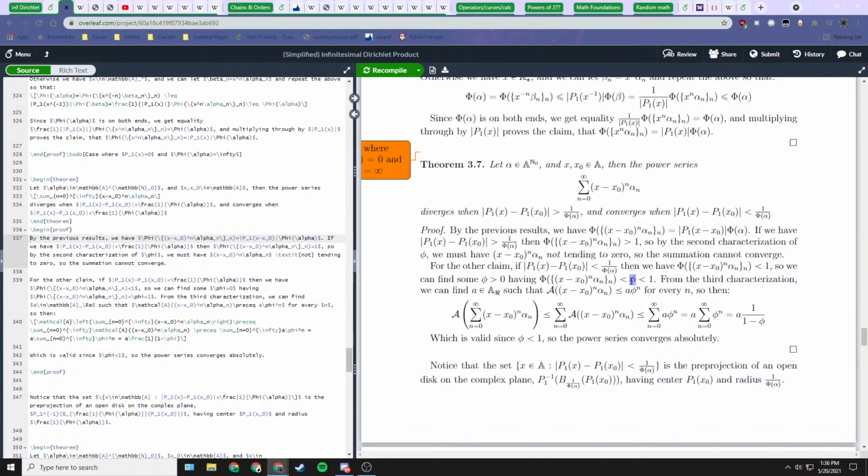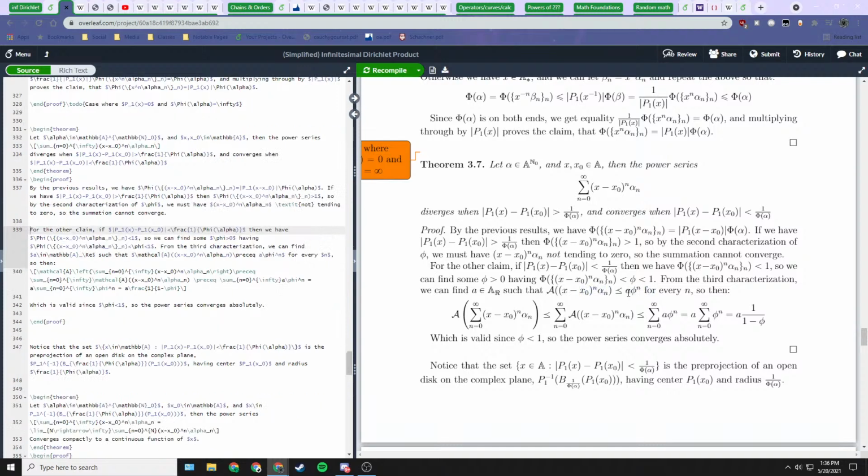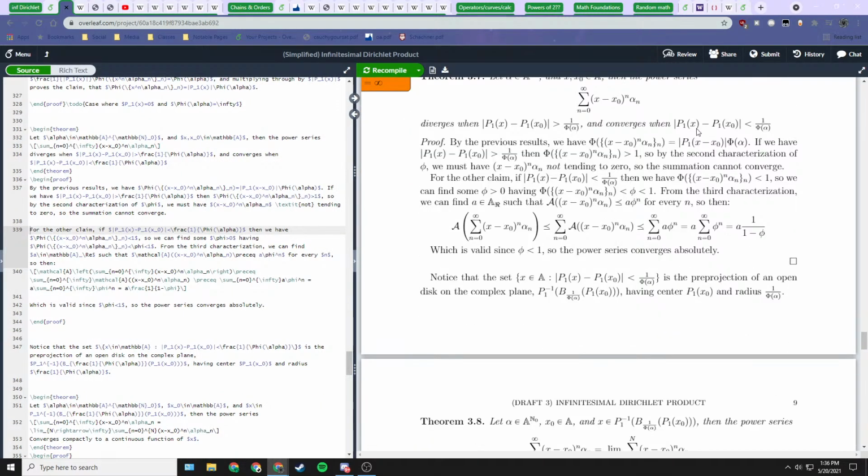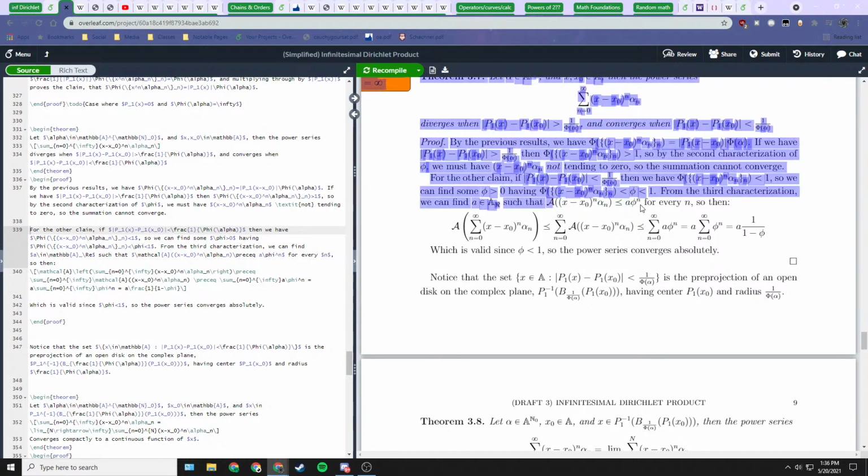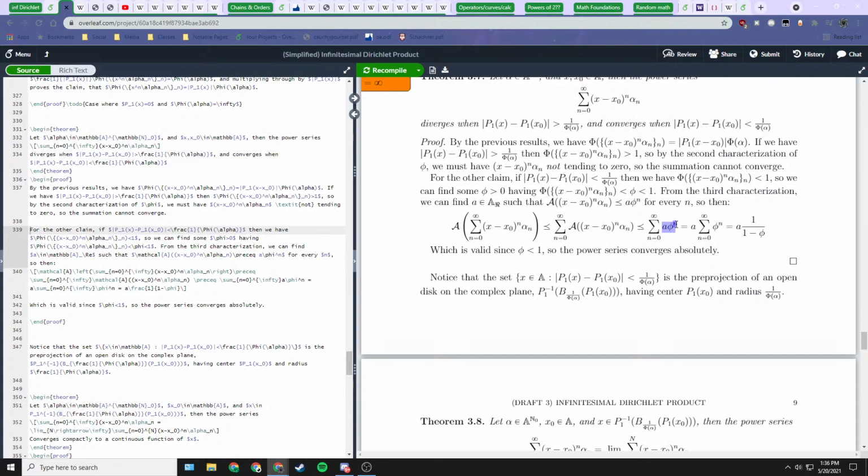That's because this lowercase phi is greater than its phi value, and we'll find our coefficient a so that this holds for every n. And then we can just do some approximations. We'll take our summation here. The absolute value of this summation is bounded by the sum of the absolute values. And this in turn is bounded by, because this whole expression here is just bounded by, a times phi to the power n.